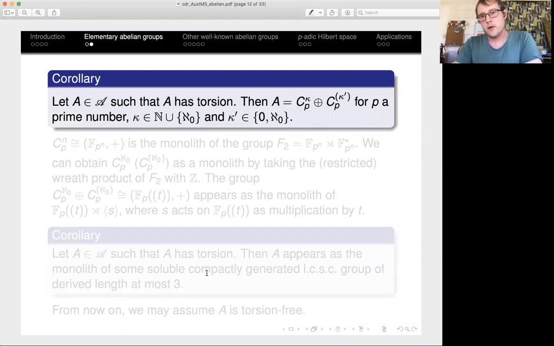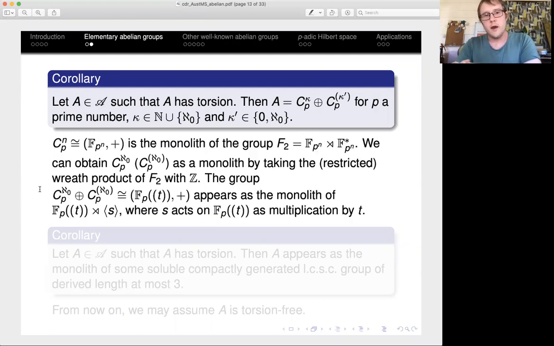The corollary is that if we have one of these characteristically simple groups, as soon as it has torsion, we know that one of these subgroups consisting of the elements of order p has to be the whole thing. Therefore, it's an elementary abelian group, and we know what it looks like. To realize it as a monolith of something is not that hard.